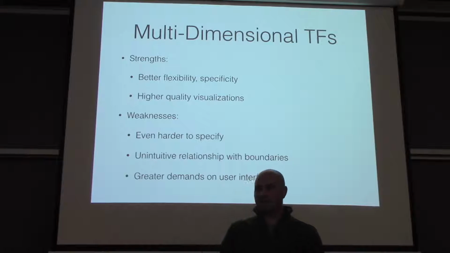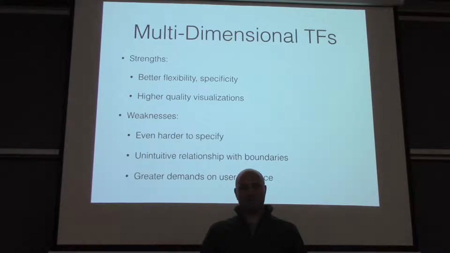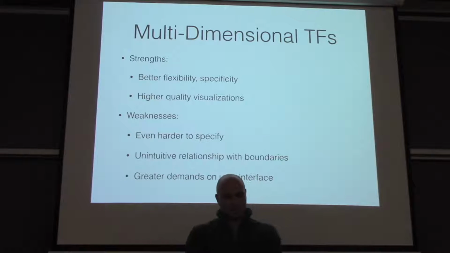Everyone knows they have potential, but even now, over a decade since they were first introduced, I would say they're still more of an ideal than common practice in visualization.